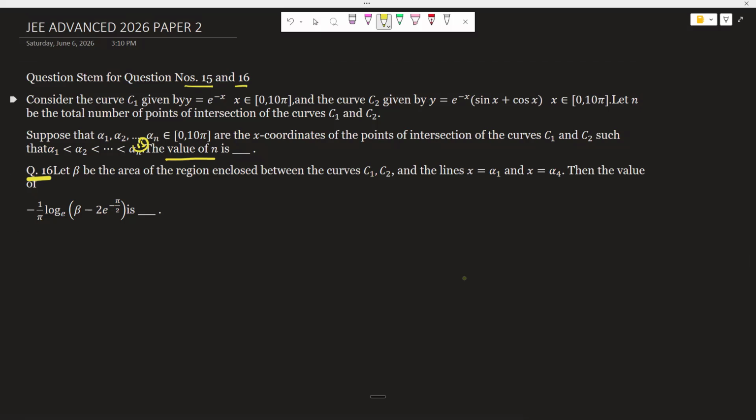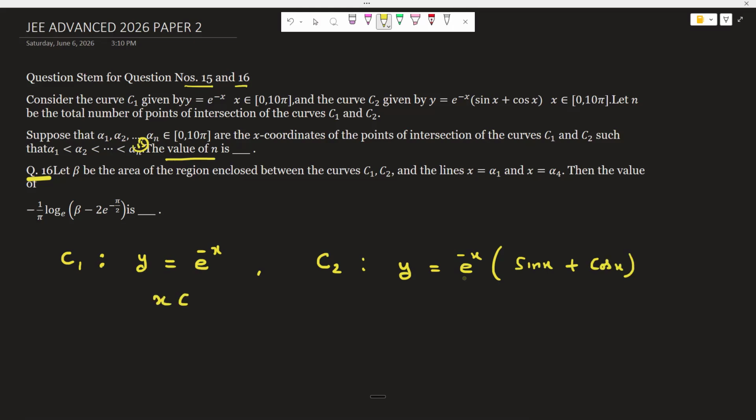So read the question. Consider the curve C1, given as y is equal to e power minus x, and another curve C2, given as y is equal to e power minus x of sin x plus cos x, where x belongs to 0, 10 pi for both cases.